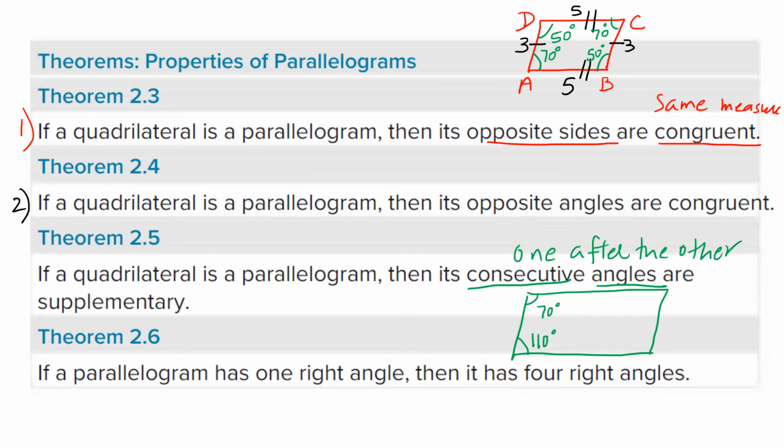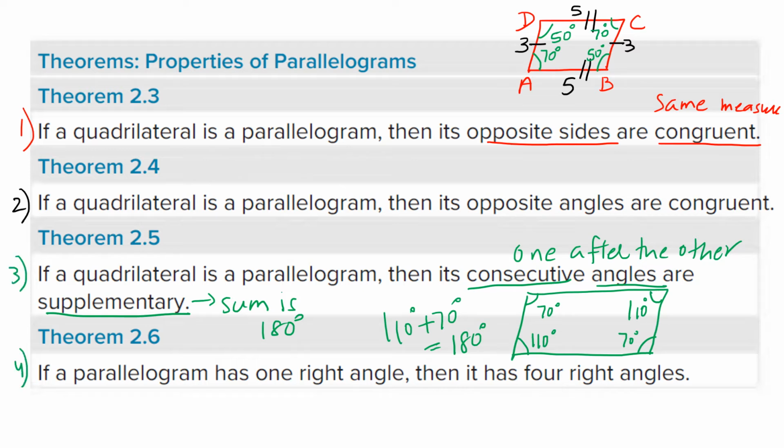Their sum, 110 plus 70, would give you 180 degrees. So they are supplementary. Supplementary means their sum is 180 degrees. Okay, so the consecutive angles are going to be supplementary. Similarly, this is 70, this is 110. So this also will be giving you a supplementary pair of angles.